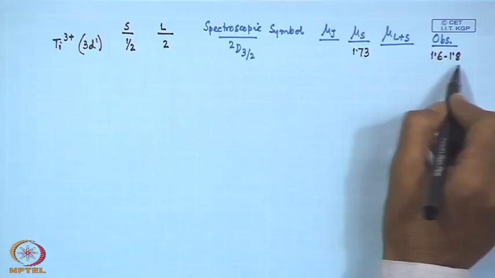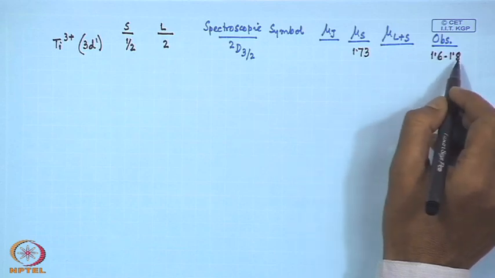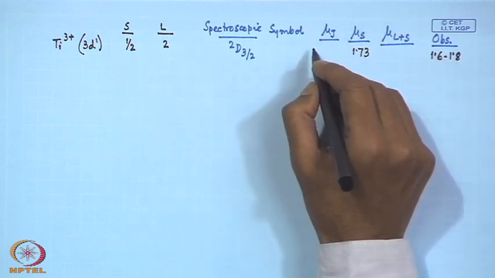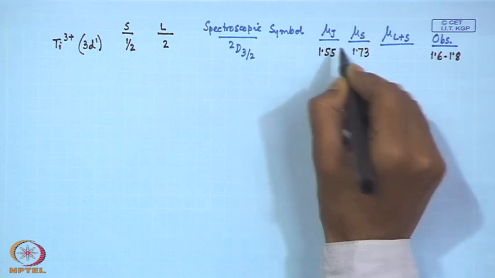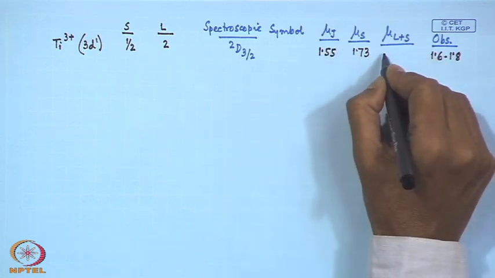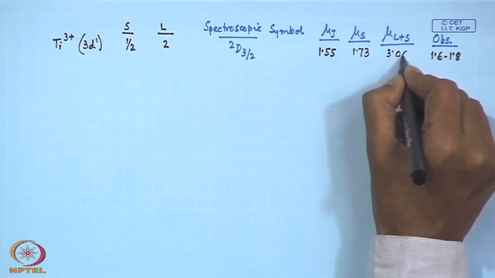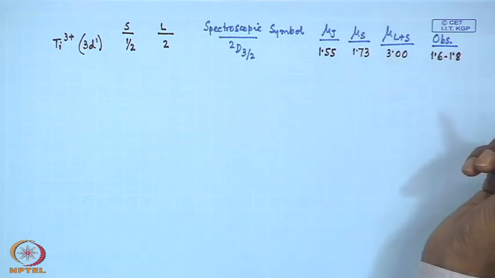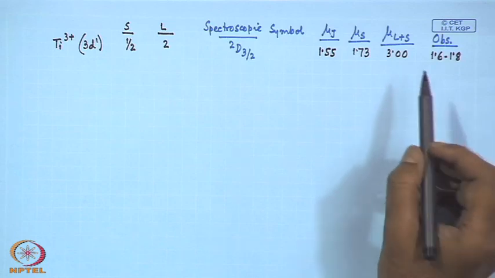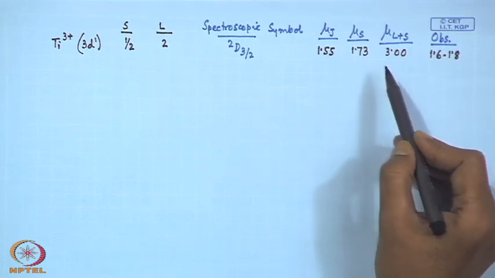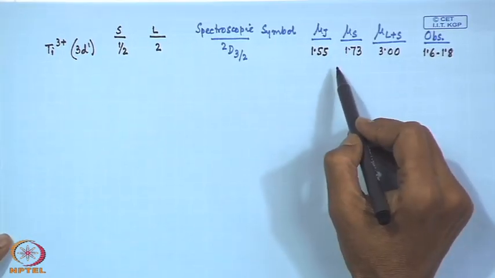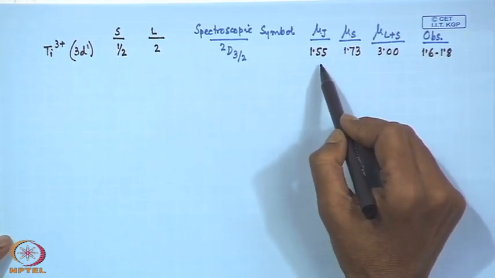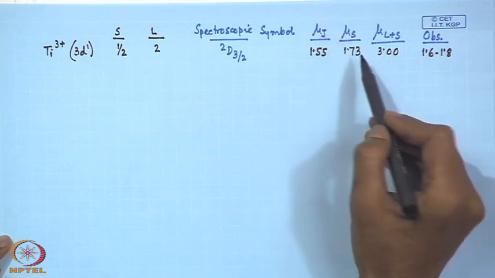This looks nice for these values, but if we calculate the corresponding mu J, it would be less, it is 1.55, and it would be 3.00 for mu L plus S. So, what we are finding here is that we get a small value for the magnetic moment when we consider the mu J equation, that means J is a good quantum number.